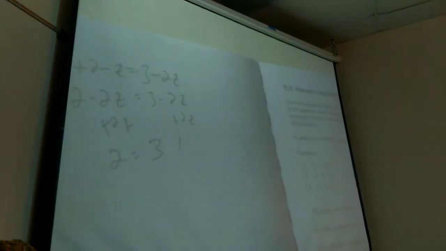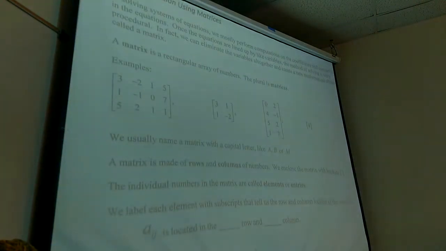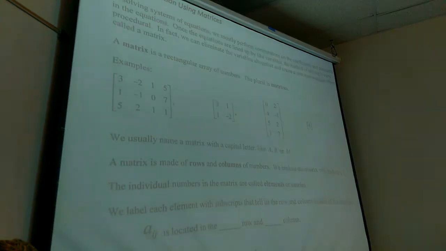The bulk of this class, I want to spend on talking about these things called matrices. Why? Back on page 59. Not really sure why they put this out of order, but they did.